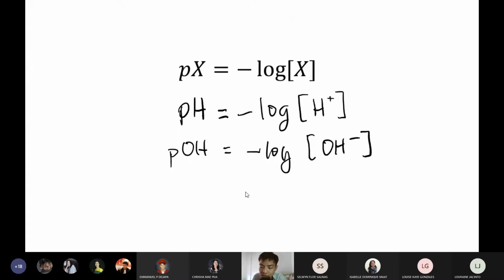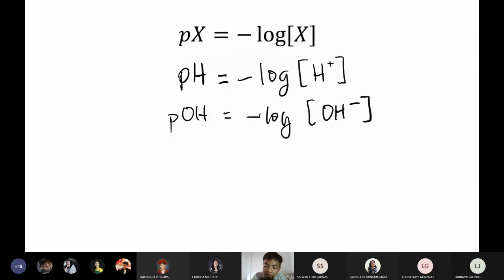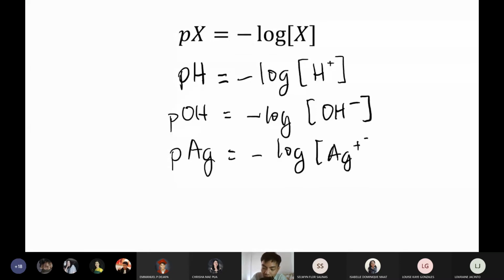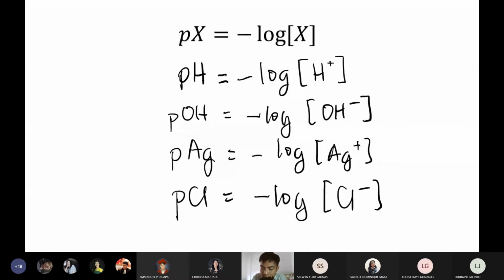Ano pa yung mga pwede gamitan ng P value? Kahit ano, actually. Pwedeng pAg. That means negative log ng concentration ng silver ion. Kunwari, pCl, ibig sabihin niya, negative log concentration ng Cl minus, etc. Okay? So, basta may P, ang meaning nun ay negative log.